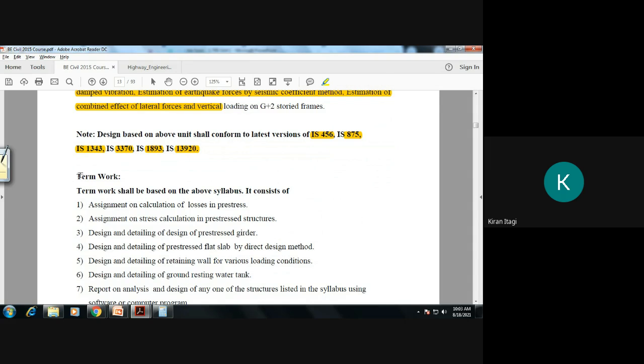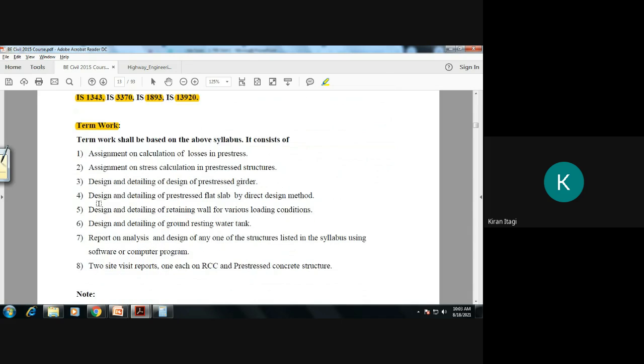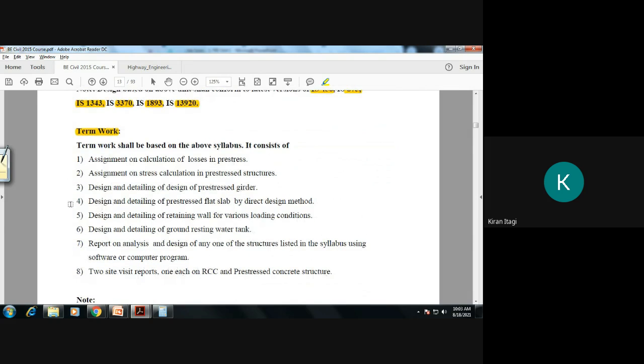Then talking about the term work. Term work is based on 50 marks and you compulsorily have to do it, otherwise it will be very difficult for you. So here we will be giving assignments on the first and second unit. Okay, design and detailing of the pre-stress girder, that is the second unit.